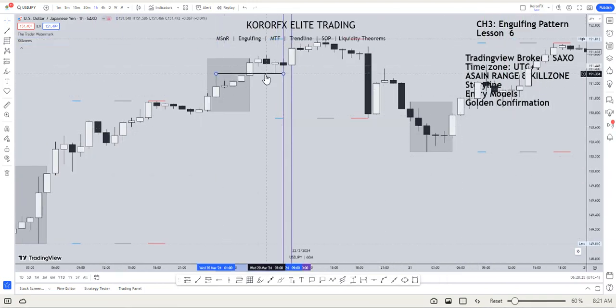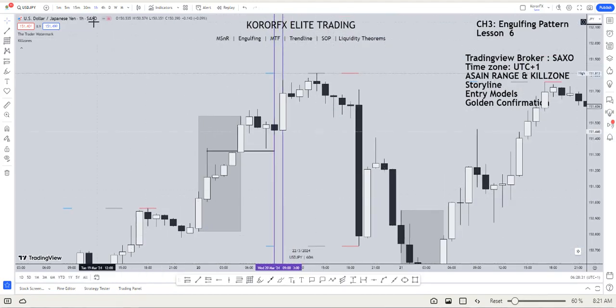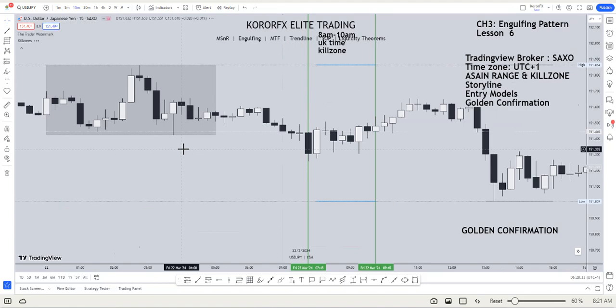Seems like this area. It did not touch it. Let us go 15 minutes.